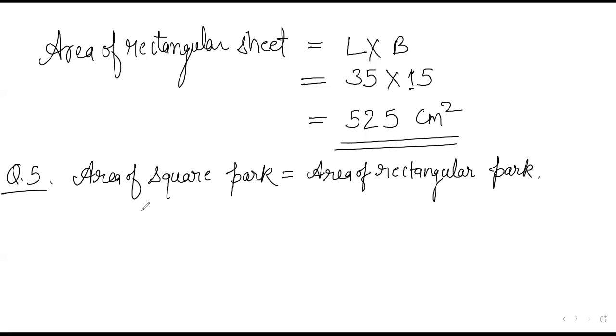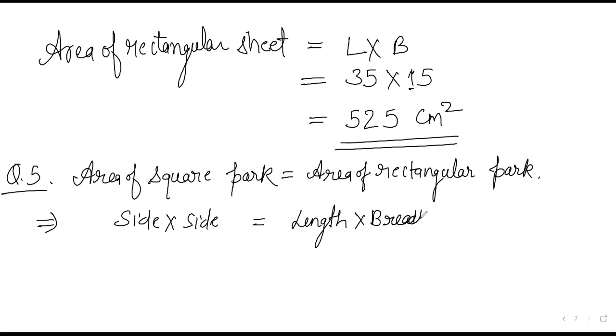The area of the square park is side into side, and the area of the rectangular park is length into breadth.